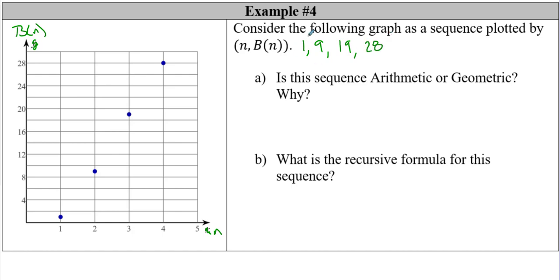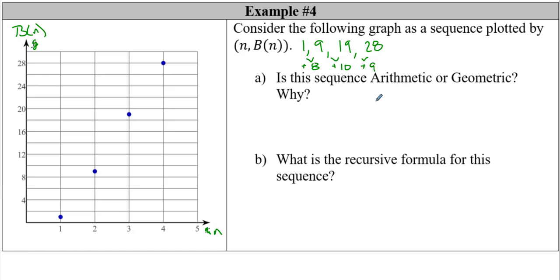So let's try and think. We're probably not multiplying by 9, because 9 times 9 again would definitely not be 18. If we are adding, that would be our next guess. So adding by 8, but then 9 to 19 is going to be plus 10. Maybe we're adding by increases of 2. Oh, well, 19 to 28 is plus 9.